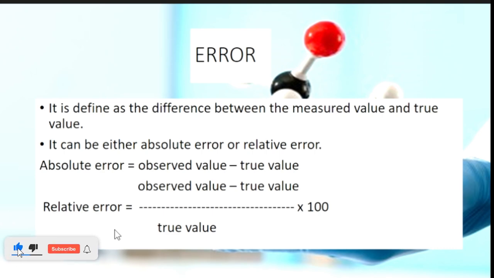Error may be due to sampling, the experiments, the environment or instruments. Many things cause error, so we divide error into two types: systematic error and random or indeterminate error.